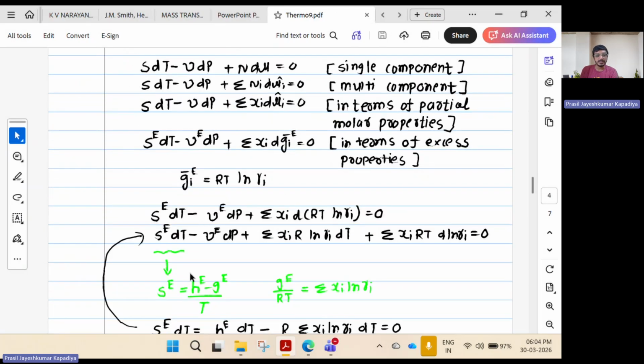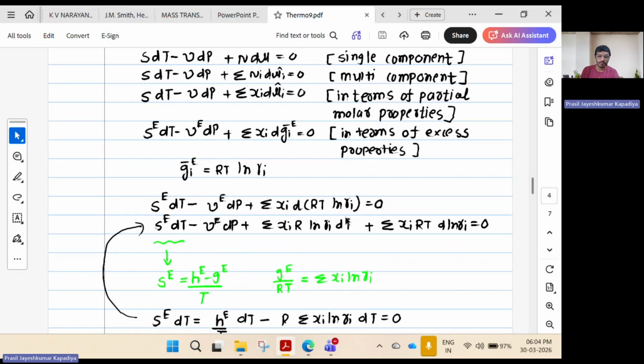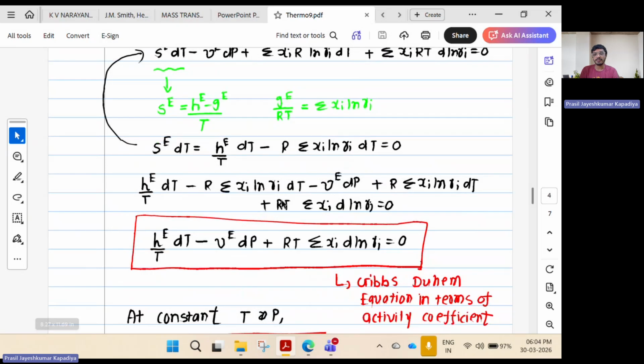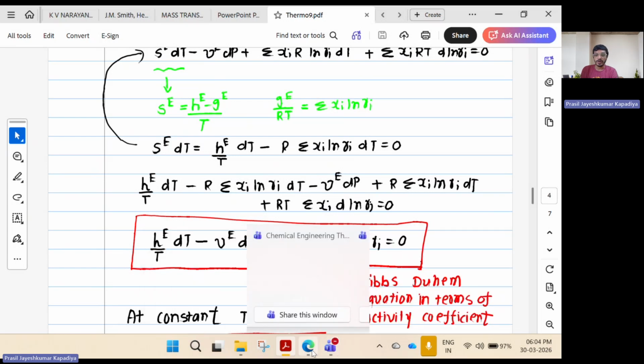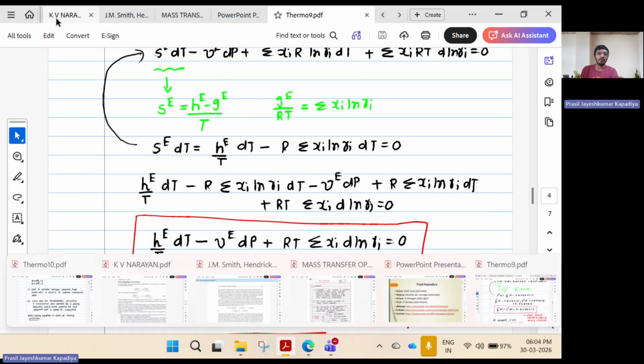We started with S^E dT minus V^E dP plus summation xi d RT ln gamma i equals 0. From that we found the Gibbs-Duhem equation in terms of activity coefficient: H^E by T dT minus V^E dP plus RT summation xi d ln gamma i equals 0.